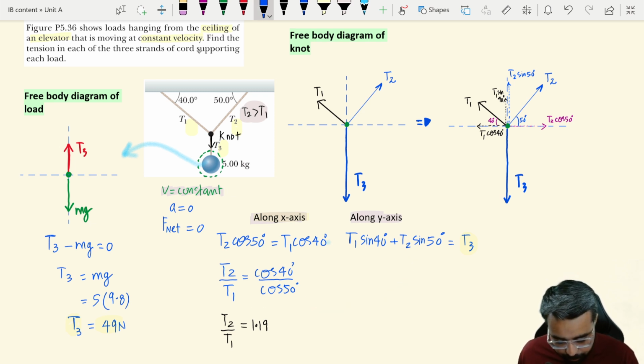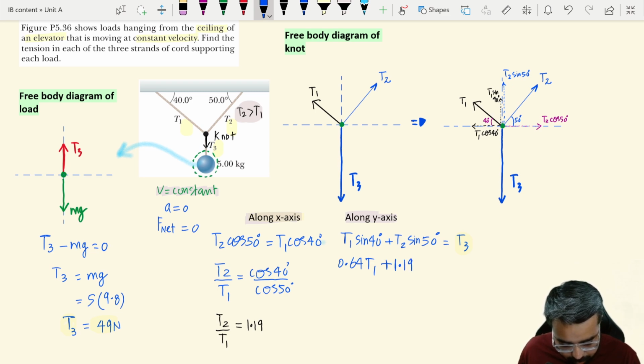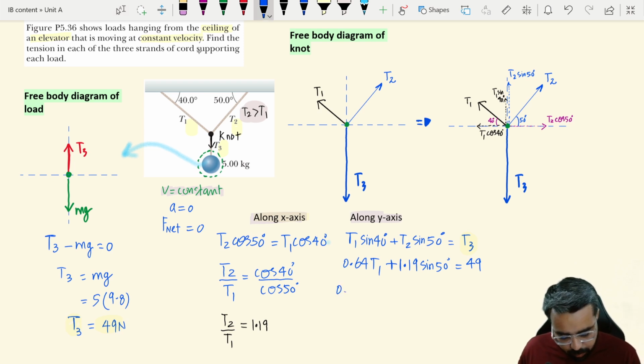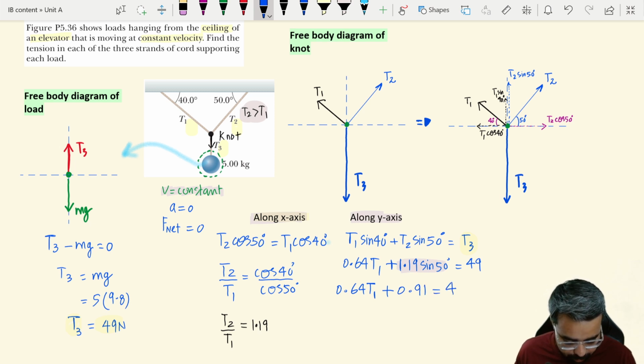Sin 40 is 0.64, so 0.64 T1, plus the value of T2, 1.19 into sin 50, is equal to 49. So it is 0.64 T1, the tension in cord 1, plus this, which is giving us 0.91 on the calculator, equal to 49.